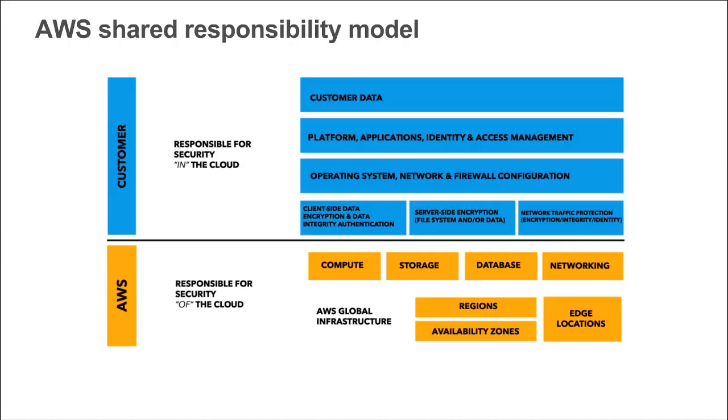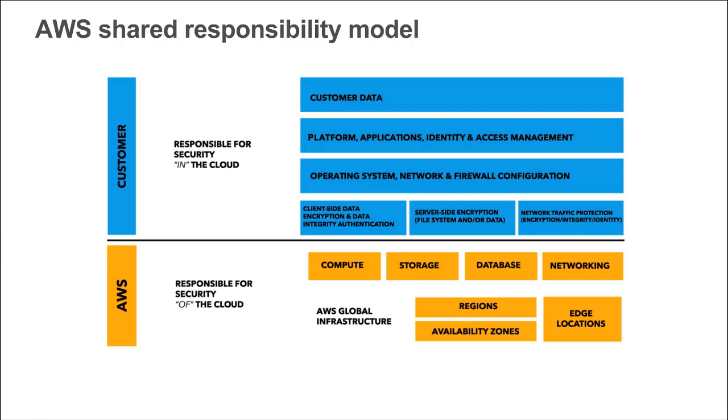But before we get into that, let's just briefly talk about our AWS shared responsibility model. AWS has a shared responsibility model with the customer. AWS manages and controls the components from the host operating system and the virtualization layer down to the physical security of the facilities in which the services operate.